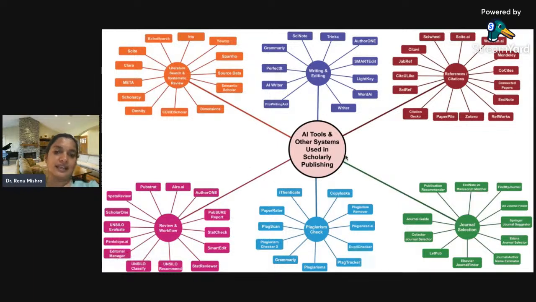So these are the AI and other tools used in scholarly publishing. I think this is the entire universe of AI tools, more than 20, I suppose, used in scholarly publishing. I think these will be useful for you.